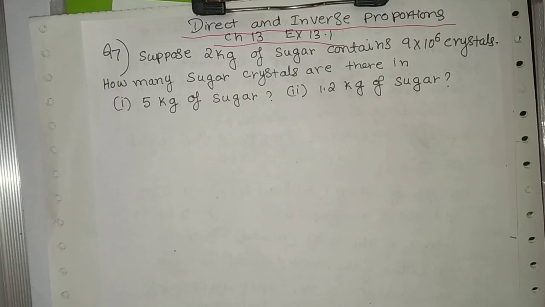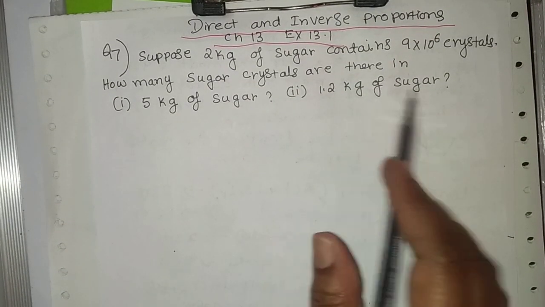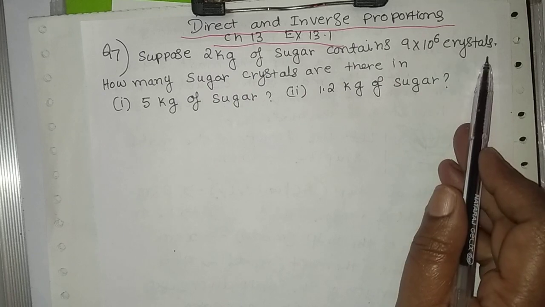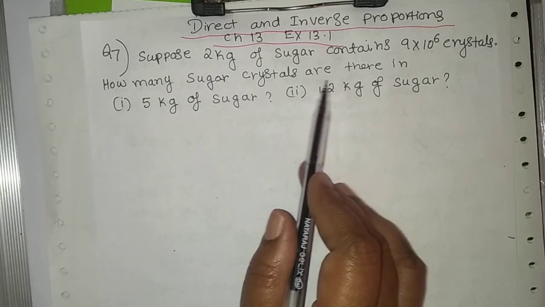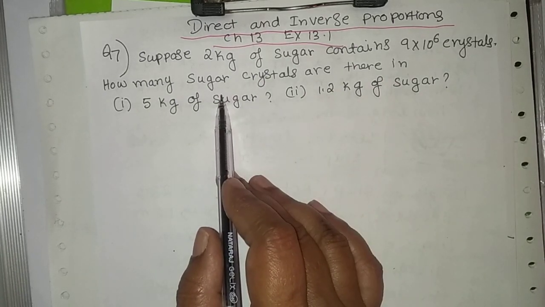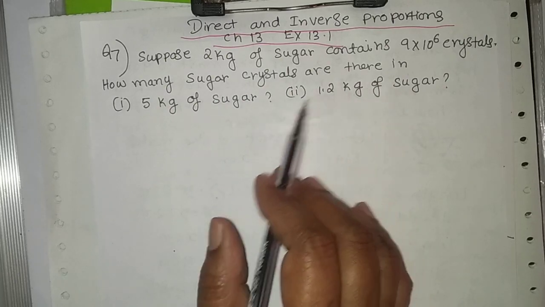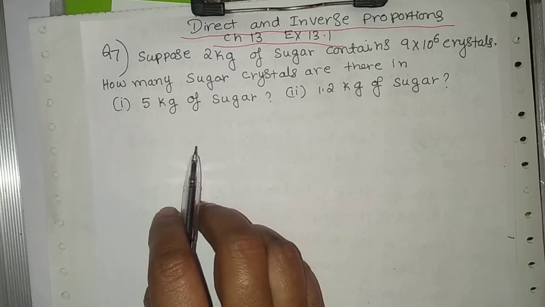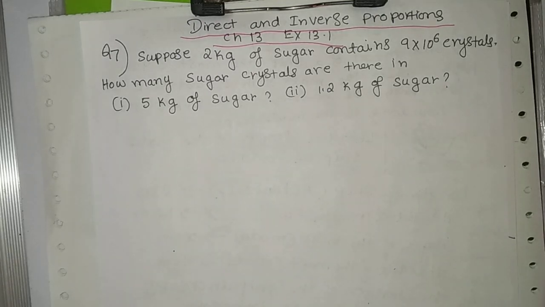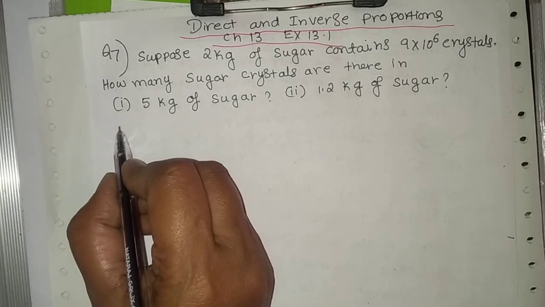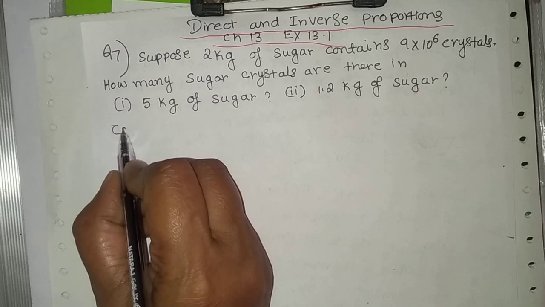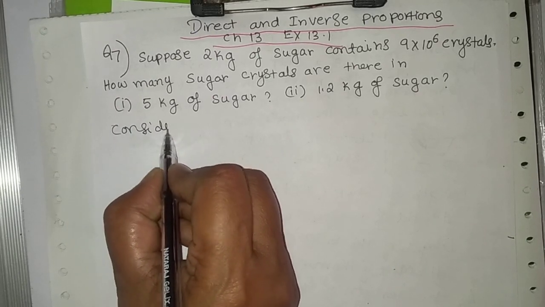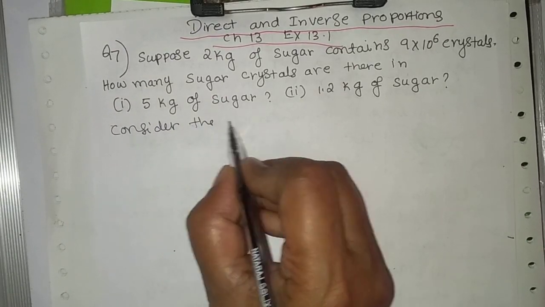Seventh problem, suppose 2 kg of sugar contains 9 into 10 power 6 crystals. How many sugar crystals are there in 5 kg? First option. Second option, 1.2 kgs of sugar. So now we have to find out how many crystals are there. So what we have to do first is consider the amount of sugar.